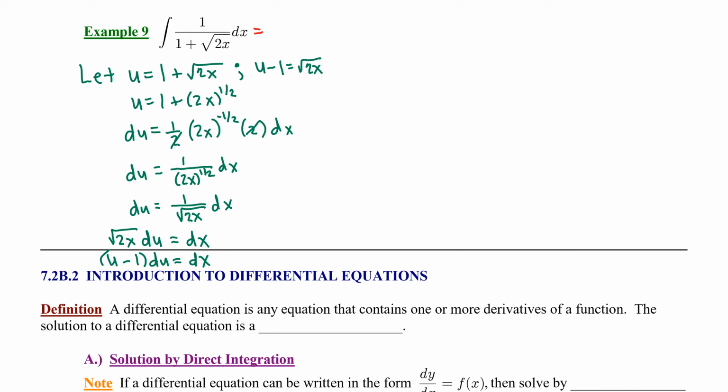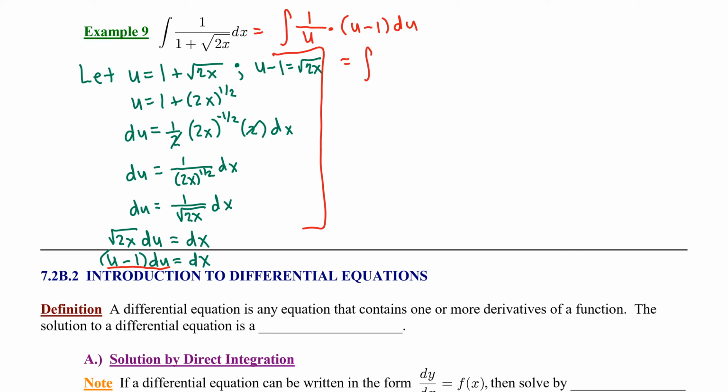Okay, I'm switching variables here. Let me switch colors just to catch your attention. So this is 1 over u times dx, which is u minus 1 du. So it is a little simpler. There's no radical there, but now I've got to figure out how to integrate this.